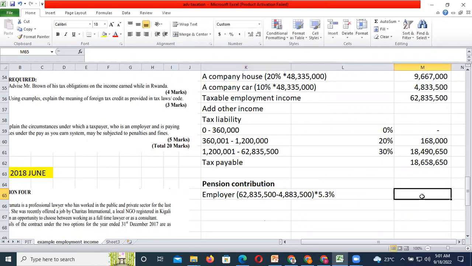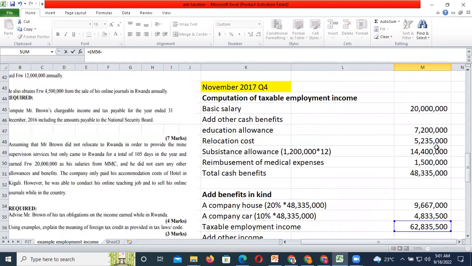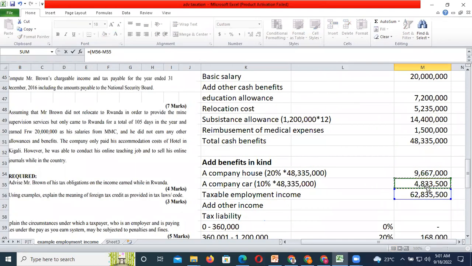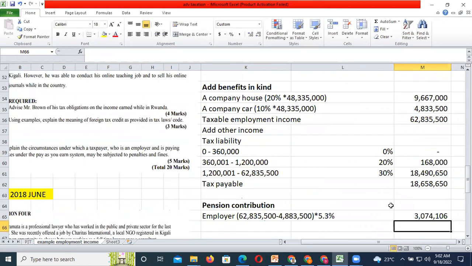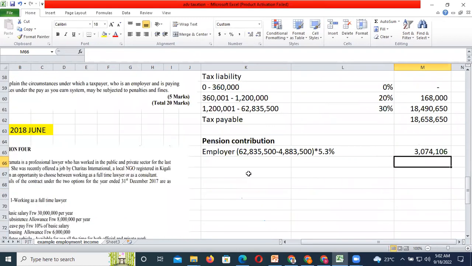So I'll have this minus our transport allowance, this, then times 5.3%. So that is the contribution by the employer.